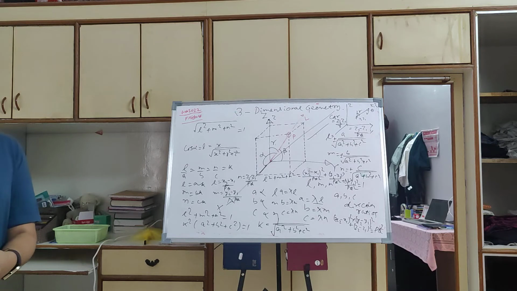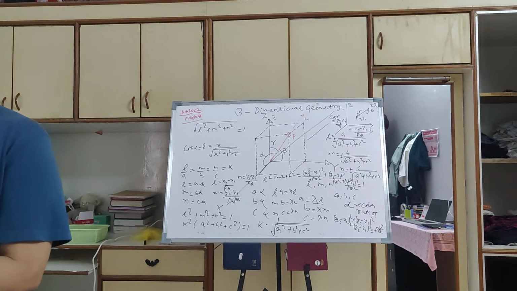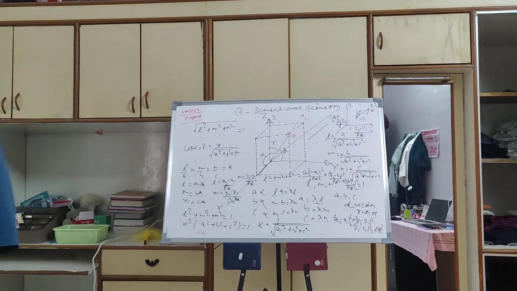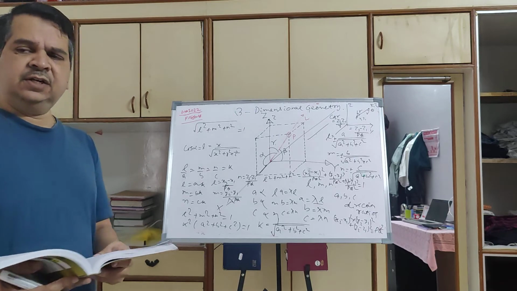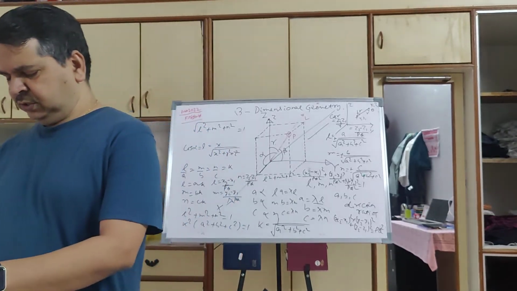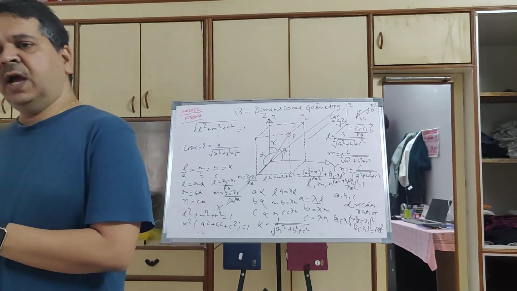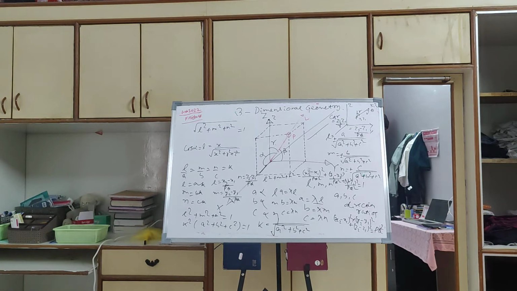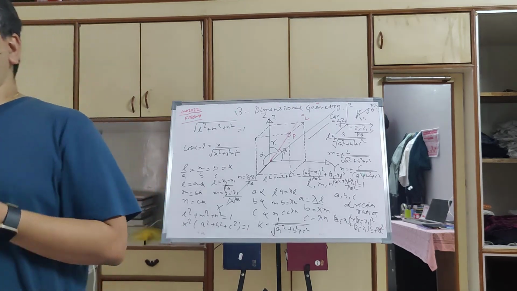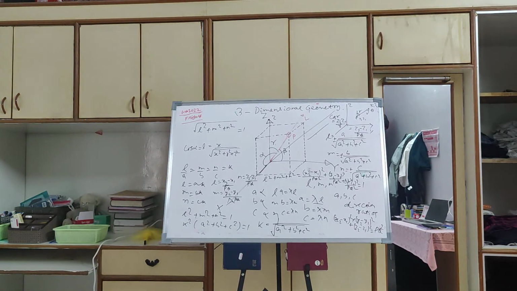So direction ratios of a line segment passing through P and Q can be taken as x2 minus x1, y2 minus y1, z2 minus z1. If somebody asks you what the direction ratio is, it is nothing but the quantity proportional to the direction cosines, so it is x2 minus x1, y2 minus y1, z2 minus z1.